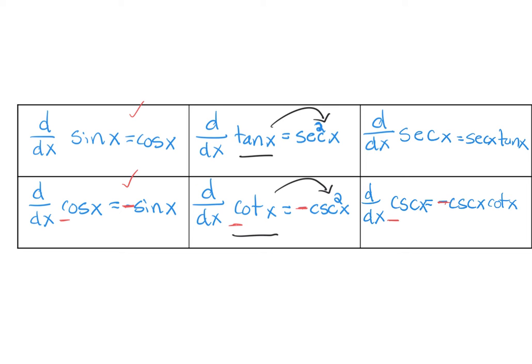And then secant and cosecant both have the multiplication where it just repeats times tan. And notice how secant and tangent are paired up. Cotangent and cosecant, cosecant and cotangent. So just look for those little patterns. It will help you memorize these.